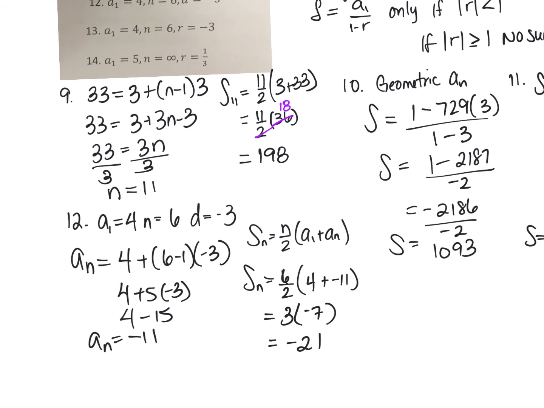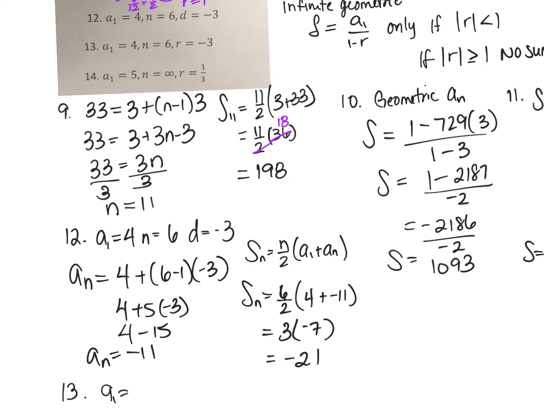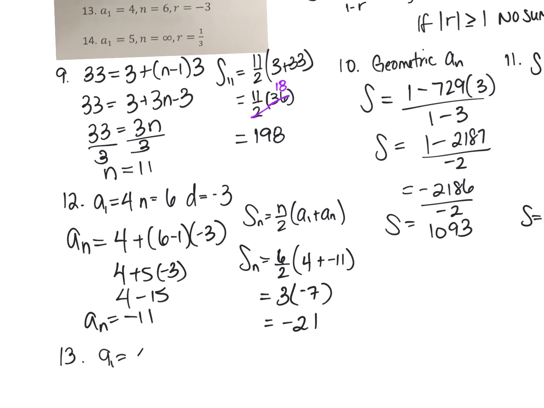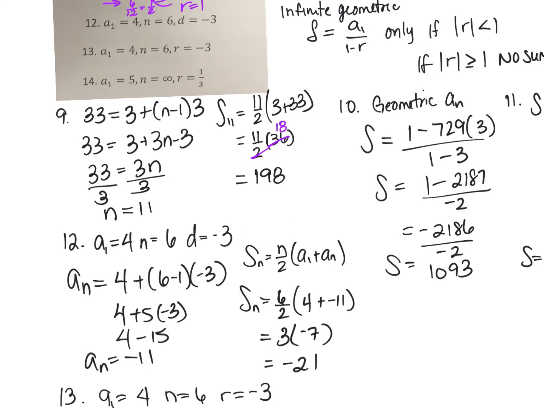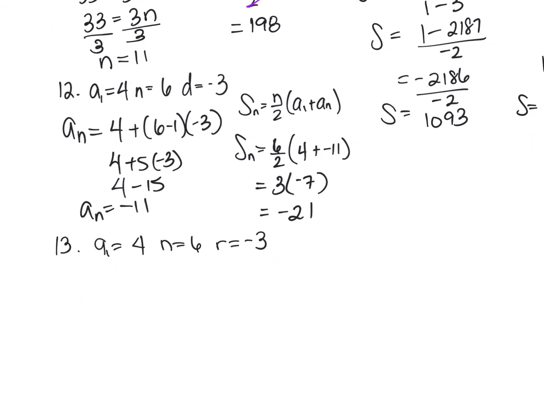Number 13 says a1 equals 4, n equals 6, but r equals -3. So pretty much the same information as 12, but giving us an r means it's geometric. So we're going to use our sum of n terms is a1, 1 minus r to the n over 1 minus r.